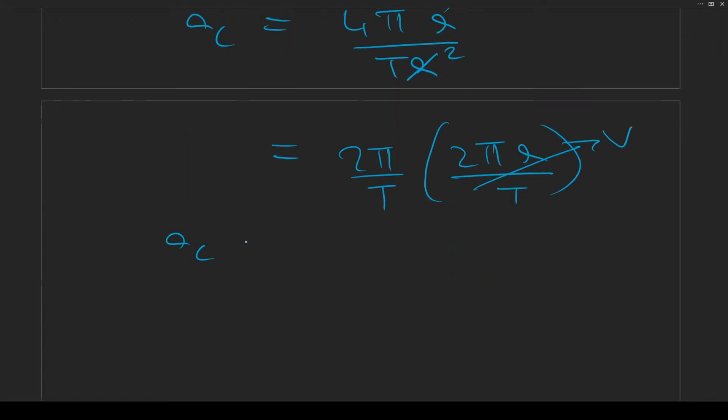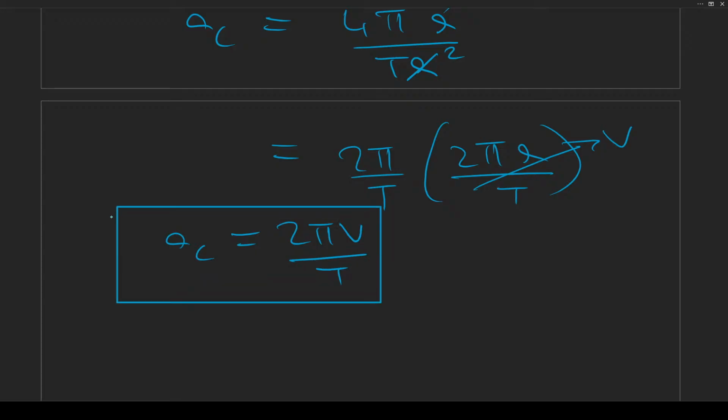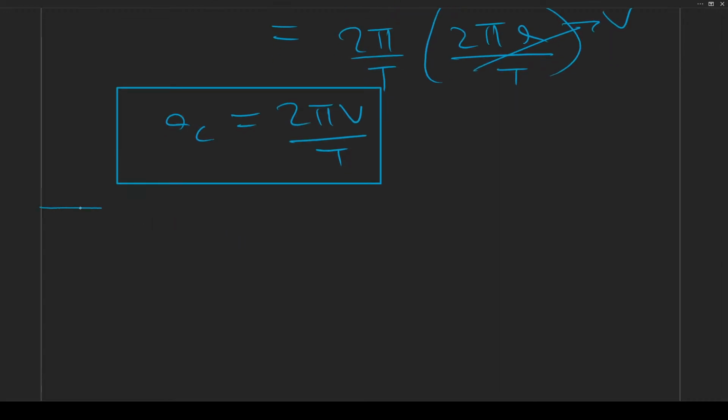So centripetal acceleration equals 2πv by t. We did that because there is an option, 2πv by t. Now let's go to the next question.